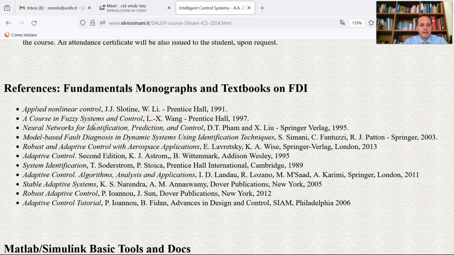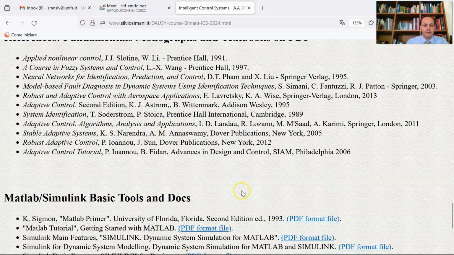These neural networks are used for the estimation of the nonlinear controller. There are also several books on adaptive control, a very important textbook on system identification, and some others at the end on adaptive control or tutorials.